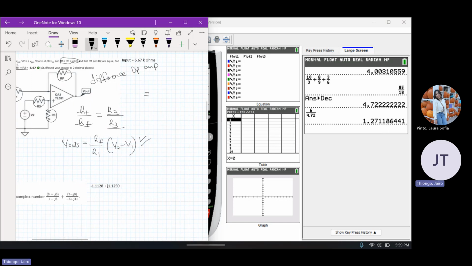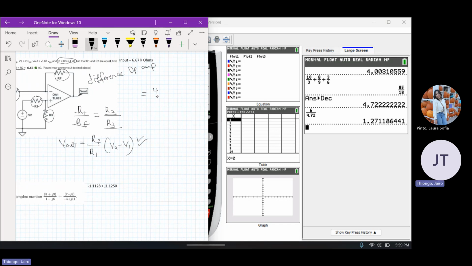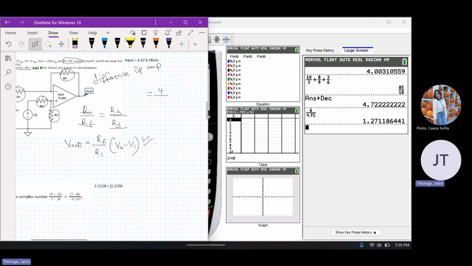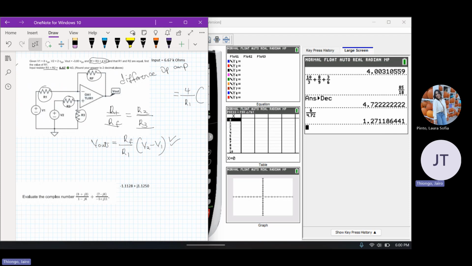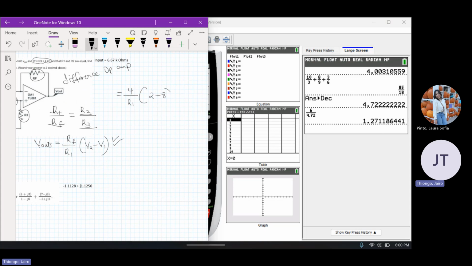Equals RF value, which is 4, over R1. We do not have it, that's what we're looking for. V2 (2) minus V1 (8) will be minus 6, times 4, minus 24 over R1.